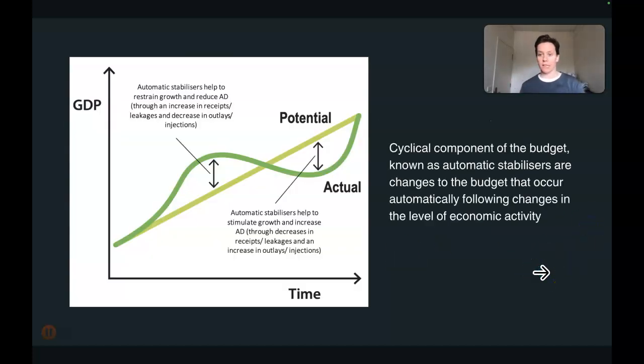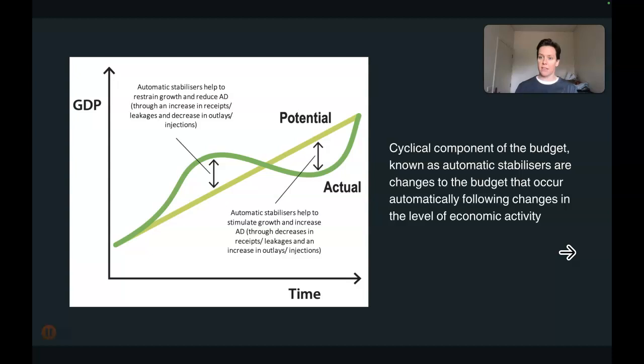Okay, so let's talk about automatic stabilisers. Automatic stabilisers are all based on the cyclical components of the budget, okay? When we talk about cyclical components of the budget, we're talking about those changes that are caused by changes in aggregate demand, okay? So the cyclical component of the budget, known as automatic stabilisers, are changes that are going to occur automatically following changes in the level of economic activity.